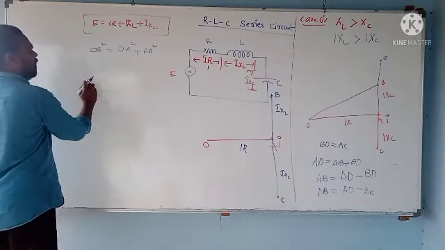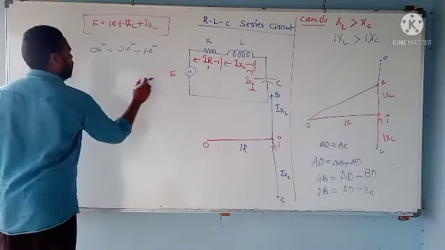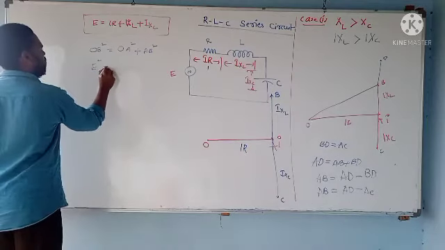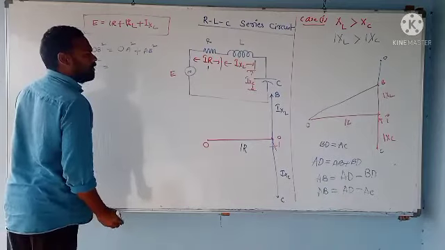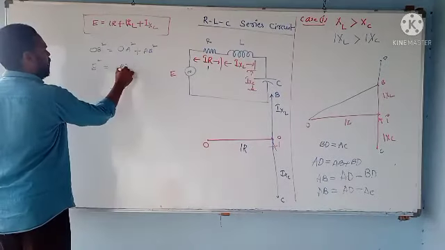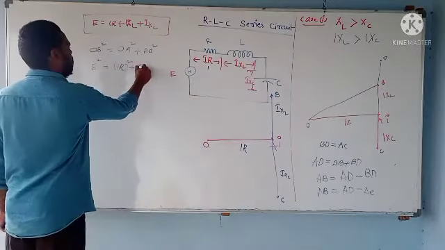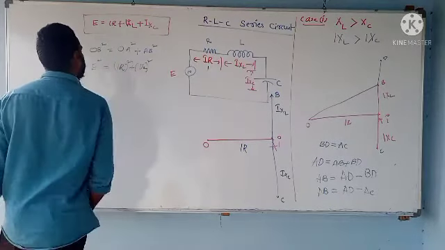OB square is nothing but E square, because this is the summation of these. What is OA square? OA square is nothing but IR square. What is AB square? AB square is nothing but ILXL square.